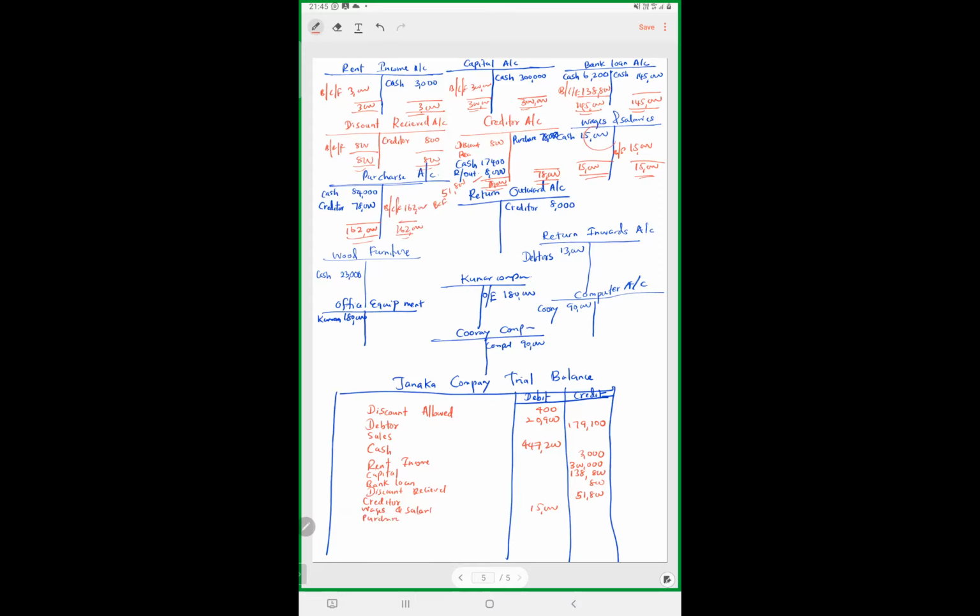Purchase 162,000. Then return outwards 8,000, 8,000. So return outwards 8,000. Then BCF, return outwards 8,000.